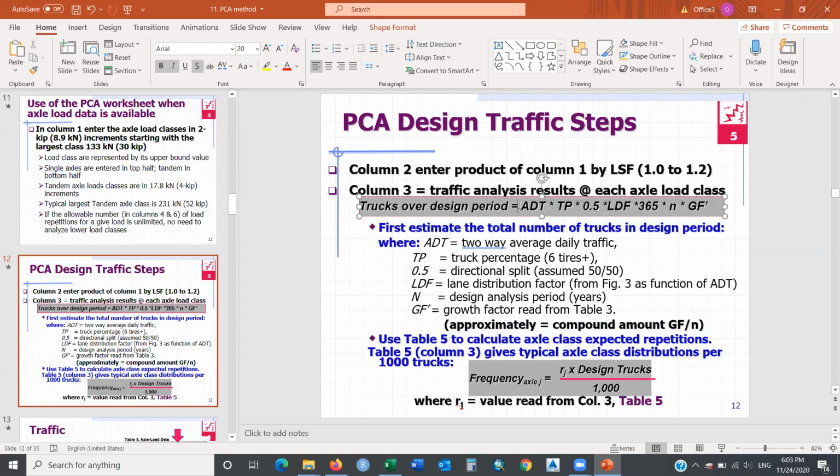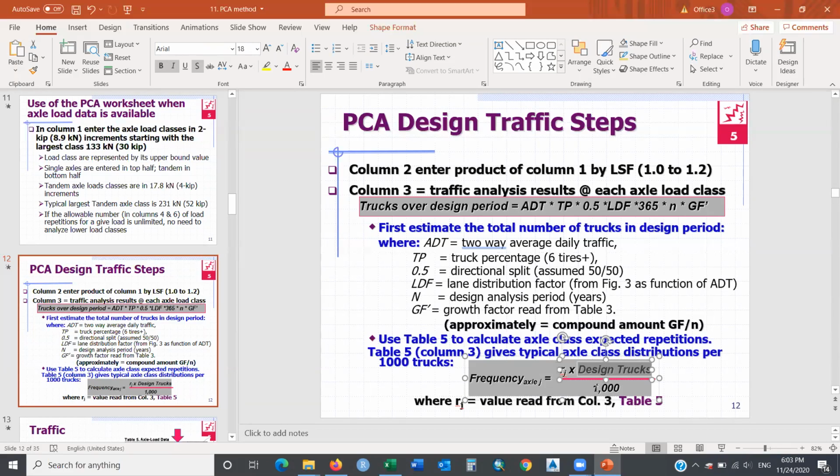You multiply that by n, the number of years for the design period, and this is the total number of trucks on the design period. But the design period is not considering the growth of the traffic. So you have to include that growth of that traffic in here by adding the growth factor. Once you have done that, you have total number of trucks on the design lane, on the design life, or design period. That is what we call the design trucks.